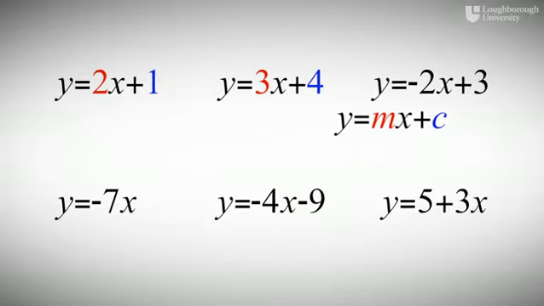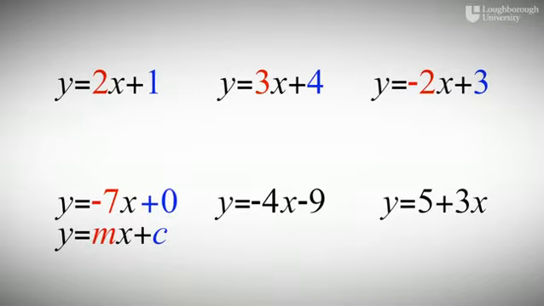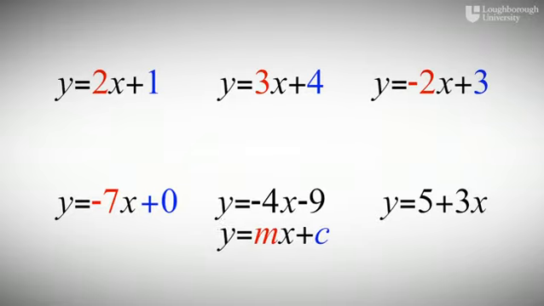In y equals minus 2x plus 3, m is minus 2 and c is 3. In y equals minus 7x, m is minus 7 and c is 0. In y equals minus 4x minus 9, m is minus 4 and c is minus 9.